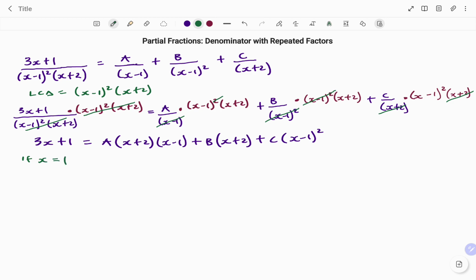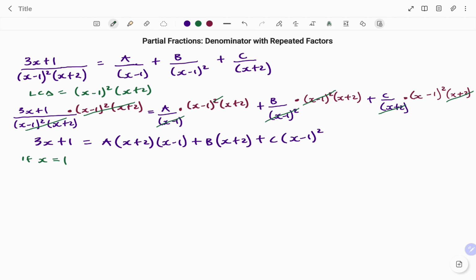I'm using 1 because if you look at the factors, we have cases where I have x minus 1. If I put x equals to 1, it's going to make the term in this bracket 0, thus eliminating a. And likewise, if I put x equals to 1, it's going to make the term in this bracket 0, eliminating c. So that way, I'm going to get the value of b.